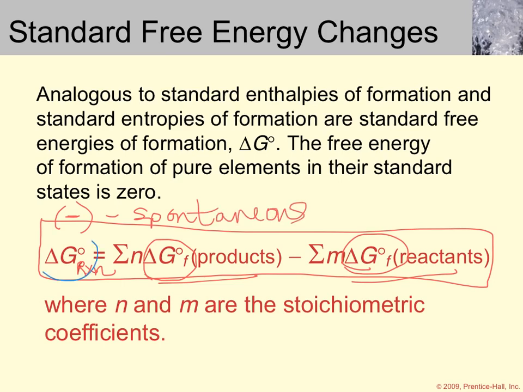Remember that G is the only factor that can determine spontaneity. Okay? Delta H and delta S contribute to determining whether a reaction is spontaneous, but neither of these alone can determine spontaneity. Only delta G can.